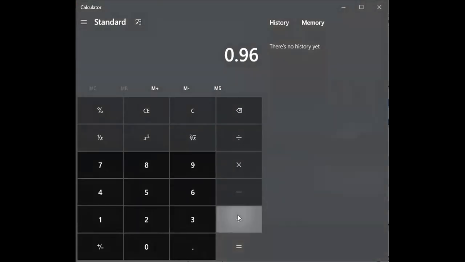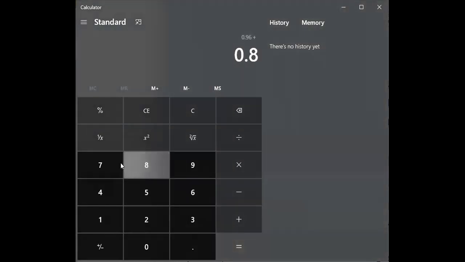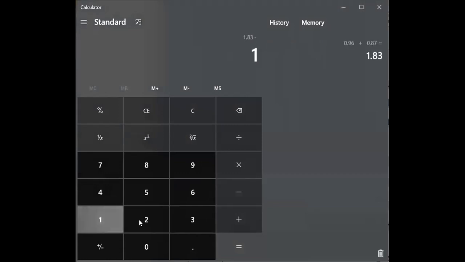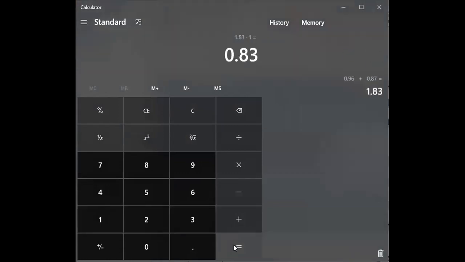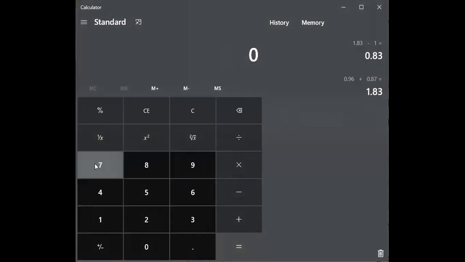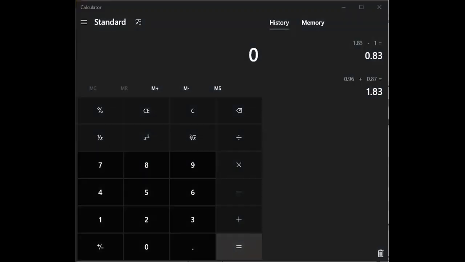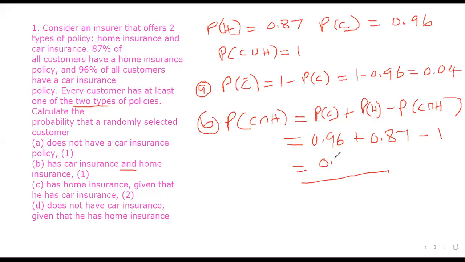We get 0.83. Exactly 0.83. So we are done with part B.